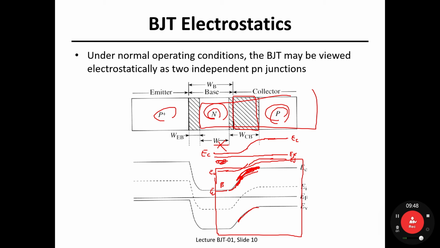Most of the band bending is on the collector side, and the up to downward band bending is relatively smaller. So you can draw your own energy band diagram along the x direction for a PNP BJT device under thermal equilibrium, because the Fermi energy level is single valued.